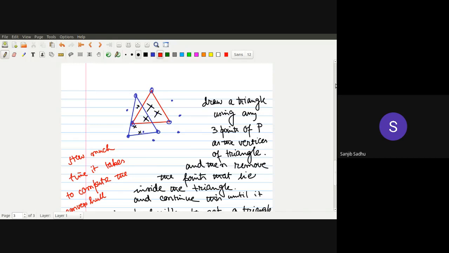Now I will not describe everything, because this is not the computational geometry class. I have given you a simple algorithm. There are also n cube algorithms, n square algorithms, and n log n algorithms. Everybody is trying to reduce the time complexity of the convex hull.